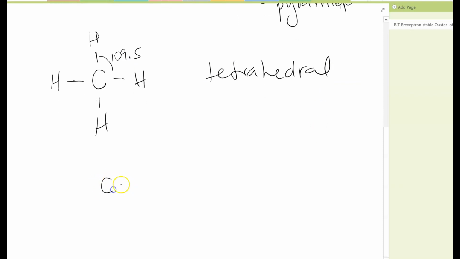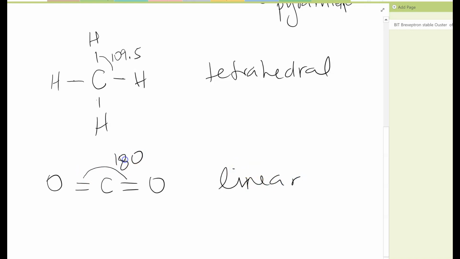Then we have one that's linear, and linear is 180.